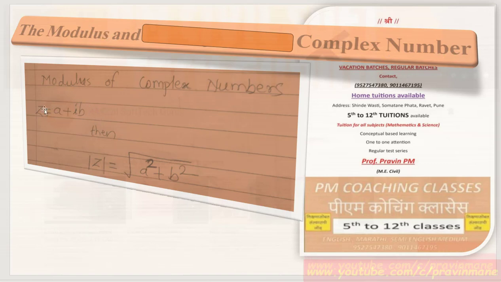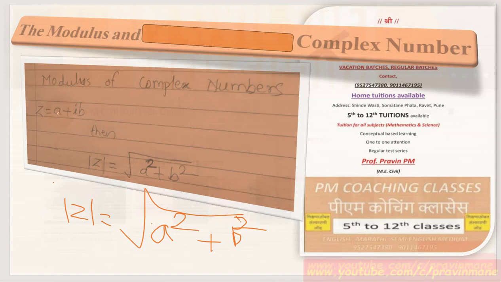As we know, z is equal to a plus ib. This is the complex number. Then the modulus of z is denoted like this, and is equal to the square root of a square plus b square.